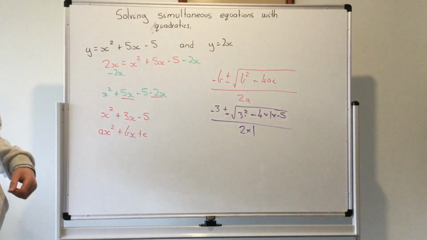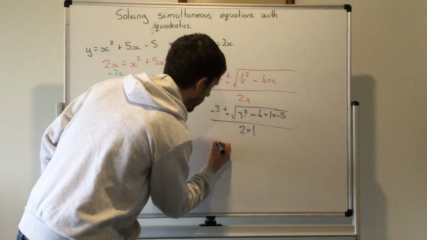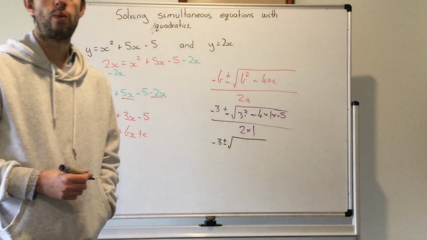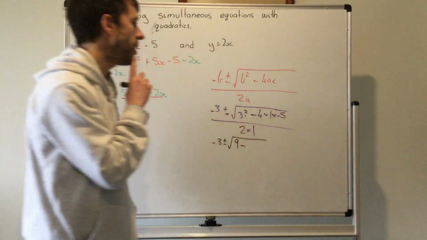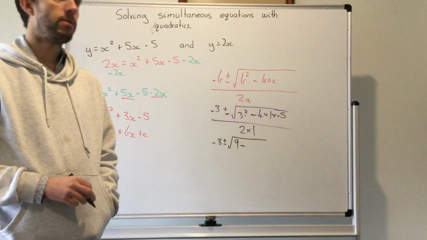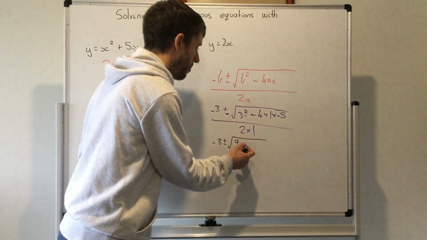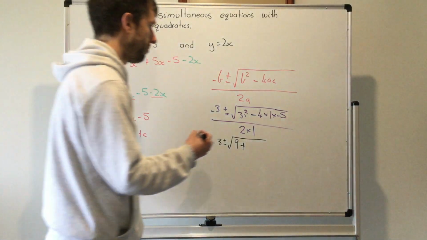So now I've got my equation, I can simplify it. So I know I've got negative 3 at the front, plus or minus 3 squared, which is 3 times 3, which is 9. Minus negative 4 times 1 is negative 4. Negative 4 times negative 5, so straight away it will be changed to a positive. 4 times 5 is 20.